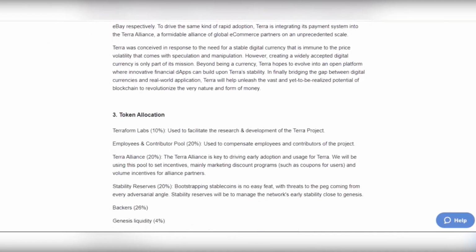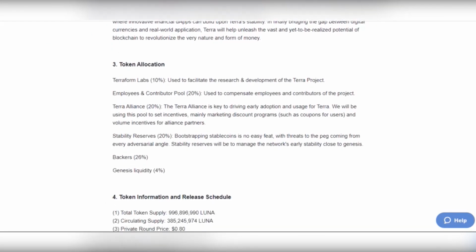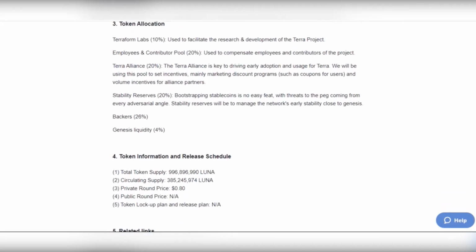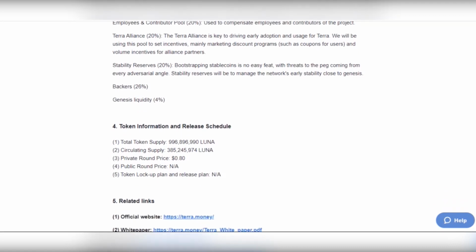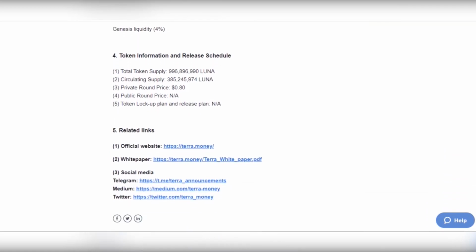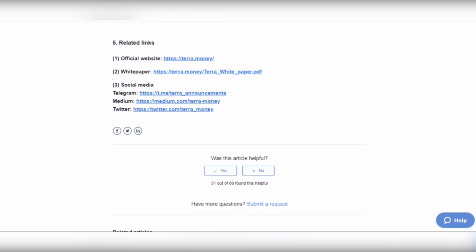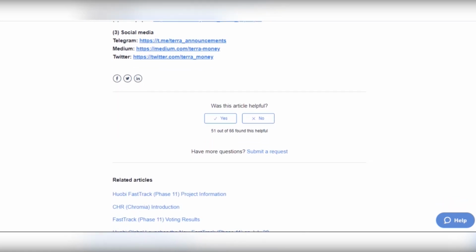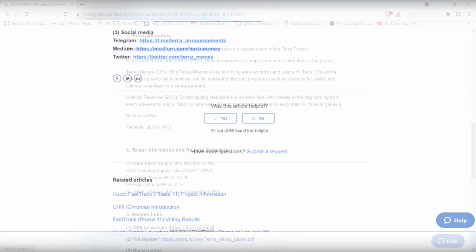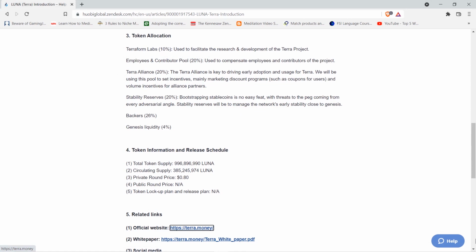So what we see here with this allocation is that most of it has gone internally to backers, internally to Terraform Labs, Terra Alliance. The stability reserve, you could say, is not internal. That's like a requirement that they have to have. But most of the allocation has gone internal and not to the general public.